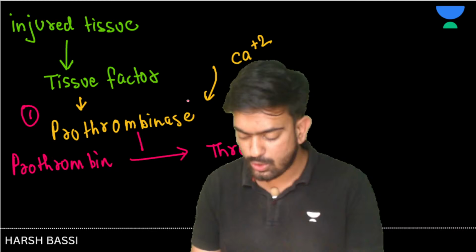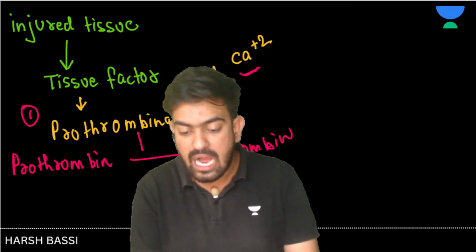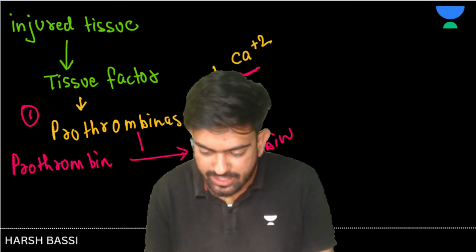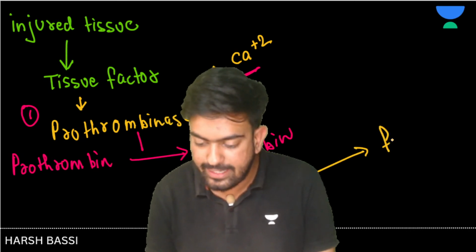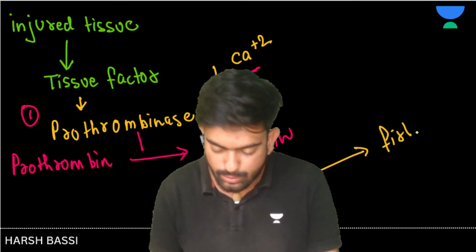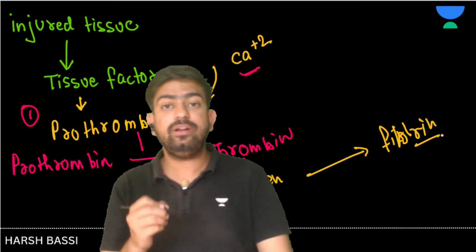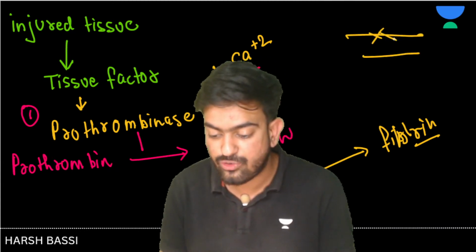Okay, now this thrombin will cause the fibrinogen to get converted into fibrin. And this fibrin is going to make a mesh-like structure.